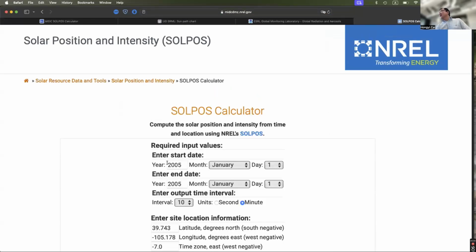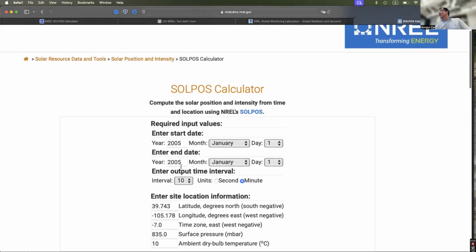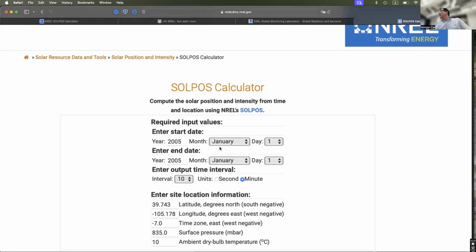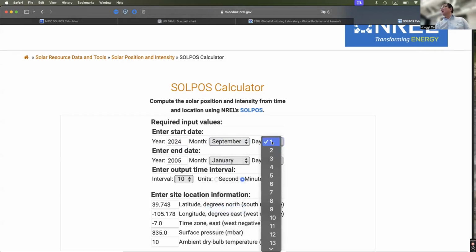So this one has the day. This one actually can calculate continuously for multiple days. So we don't concern ourselves with the whole year. We just say, how about just this year, right? 2024. And then let's care about today, September 16th.